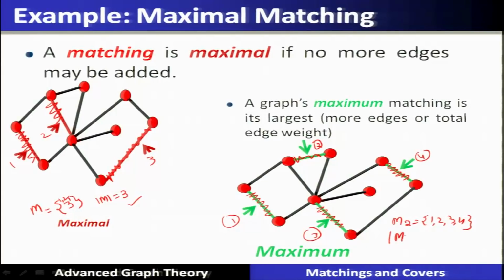The size of this matching is 4. The earlier matching which we obtained had the size 3. So now we can inspect that in this particular matching we cannot add any of these edges which are black colored. So this is a maximal matching, and also we cannot find any other matching of a size bigger than 4. Hence this becomes a maximum matching.